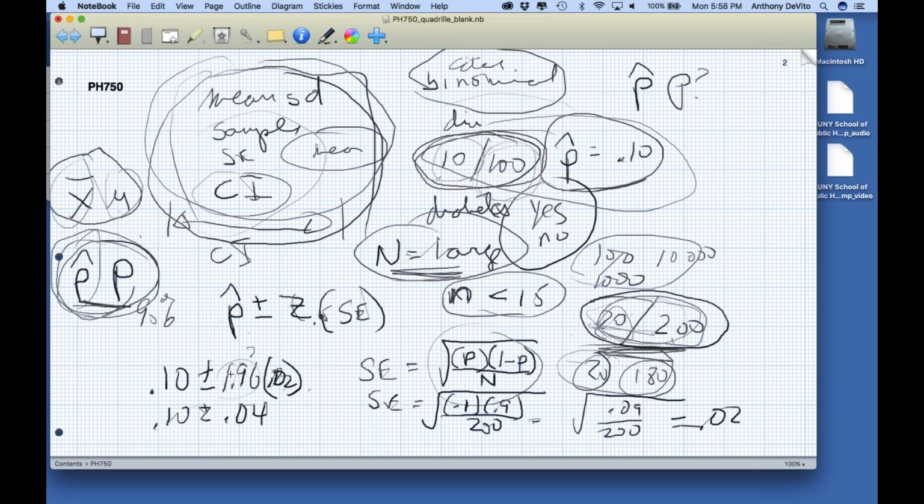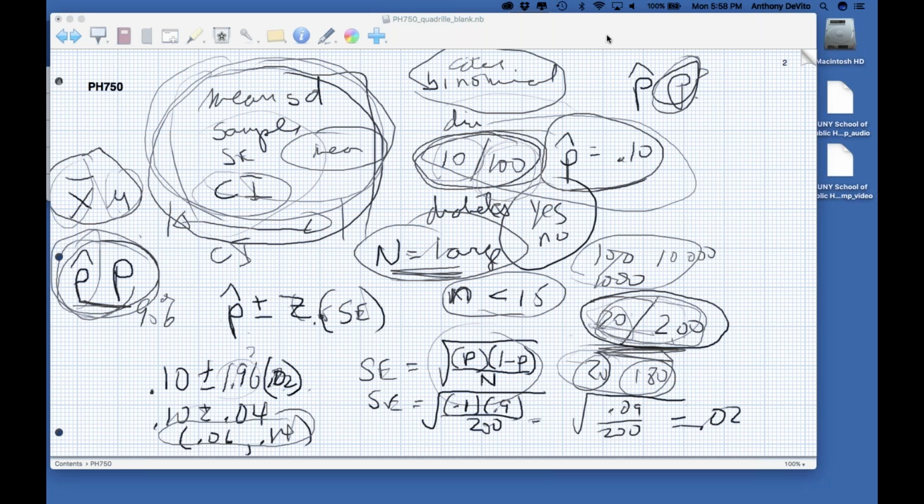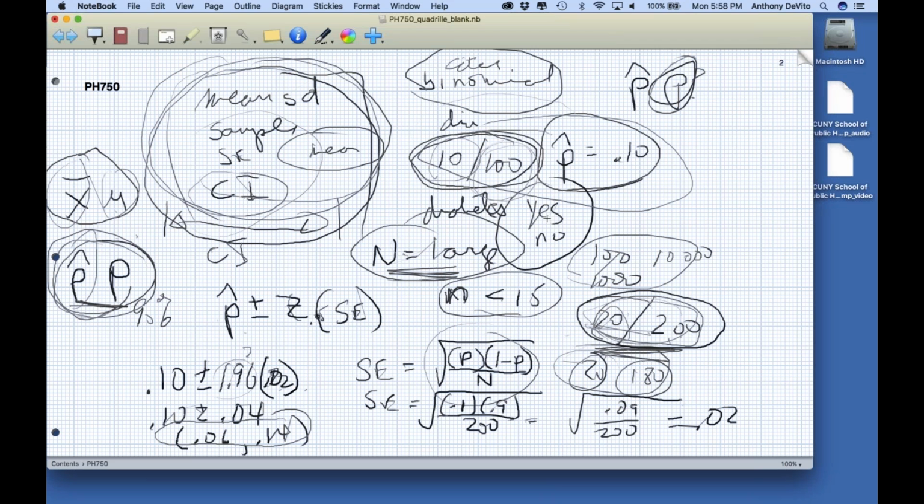Again, a gross oversimplification, but it saves a little time. So our 95% confidence interval is 0.06 to 0.14. Just like with the mean, we can say that we are 95% certain that the true value of the population prevalence of diabetes is between 6% and 14%, right?